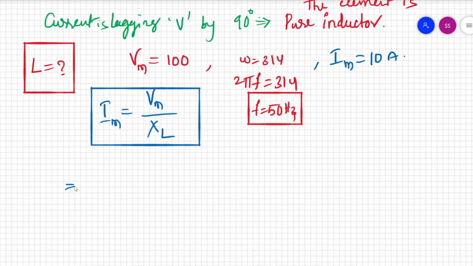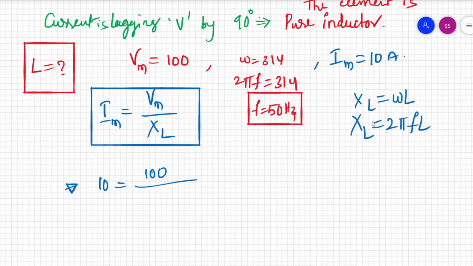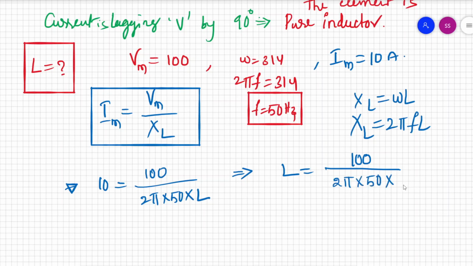So let us substitute that. Im is 10, Vm is 100, and XL is nothing but omega L, which equals 2 pi f L. With f equal to 50 Hz, we need to find L here. If you rearrange this, L equals 100 by 2 pi into 50 into 10.